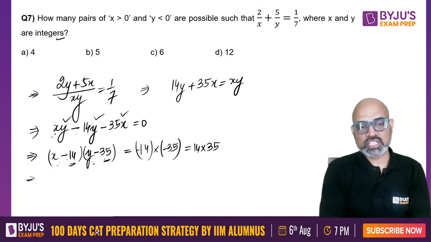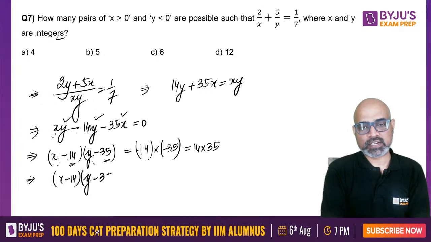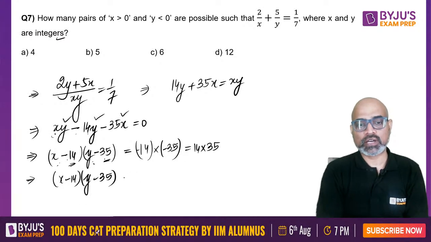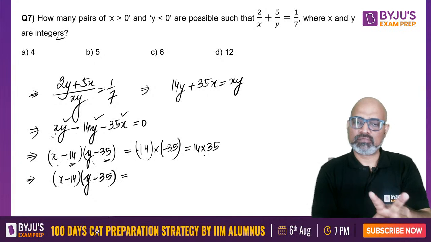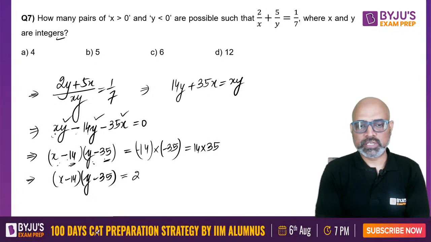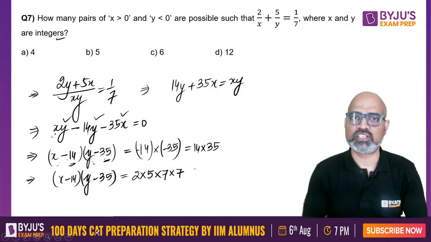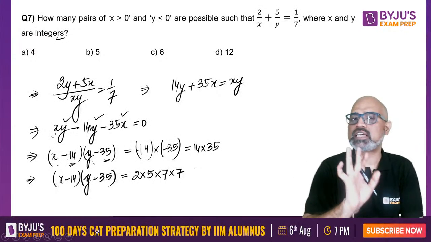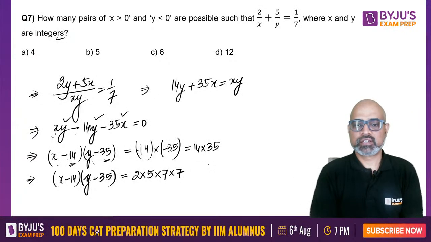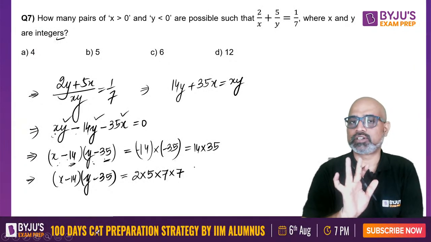So my question changes to x minus 14 into y minus 35 is equal to, I'm going to break it down. 14 को 2 into 7 लिख सकते हैं, 35 को 5 into 7. So I'm going to write 2 into 5 into 7 into 7. So kind of I have prime factorized it, but instead of writing 7 square, I have only written 7 into 7. So this is what we have so far.